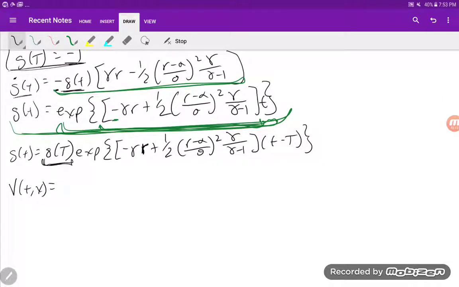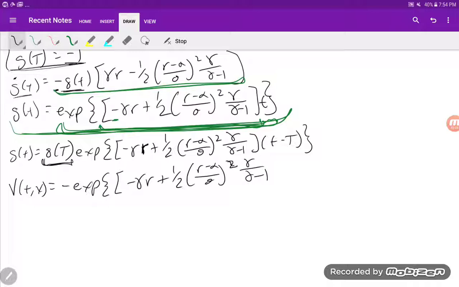So we can say that negative exponential of negative gamma r plus 1/2 r minus alpha over sigma squared, gamma over gamma minus 1, times big T minus little t. And then again, for our terminal condition, we get that back by also multiplying through by x to the gamma. So that negative 1 times x to the gamma is of course just negative x to the gamma.